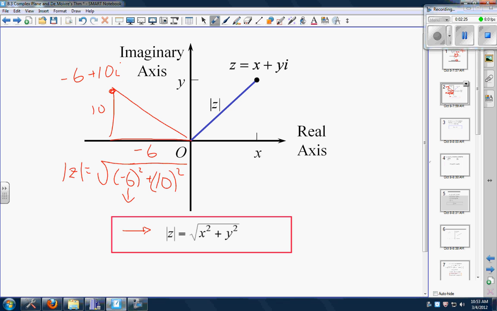Make sure this guy always comes out as a positive. You'll never have to deal with negatives when you're doing these magnitudes in complex numbers. I don't even include the negatives because I know it's just going to square and make a positive. So that's how we find magnitude.